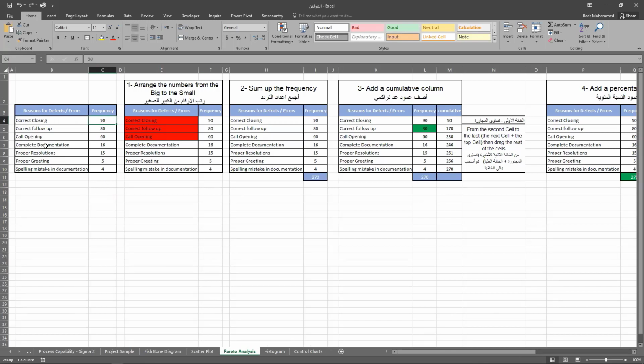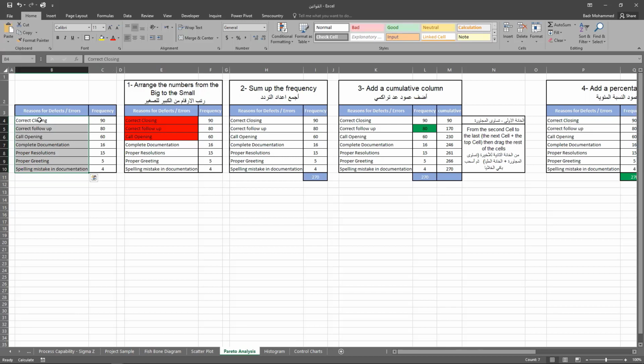We are making a survey, or we are questioning the customer, or we are gathering the complaints from the customer regarding these 7 problems. You remember the parameters we have.